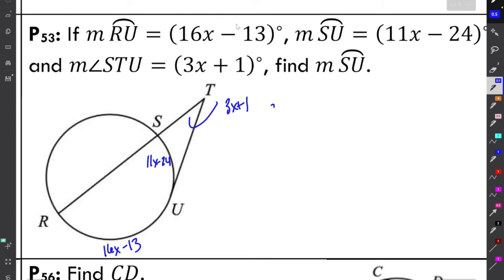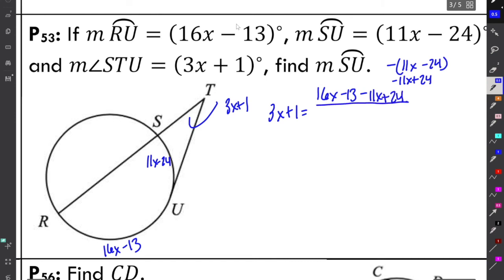So the angle, 3x plus 1, equals the bigger arc, which is 16x minus 13, minus the smaller one. Remember when you do something minus a whole expression like that, the negative distributes, so it's negative 11x plus 24.